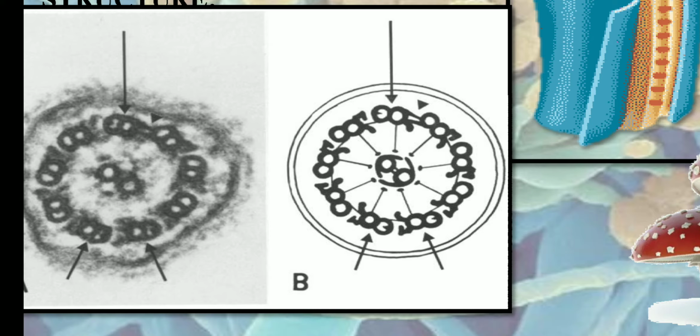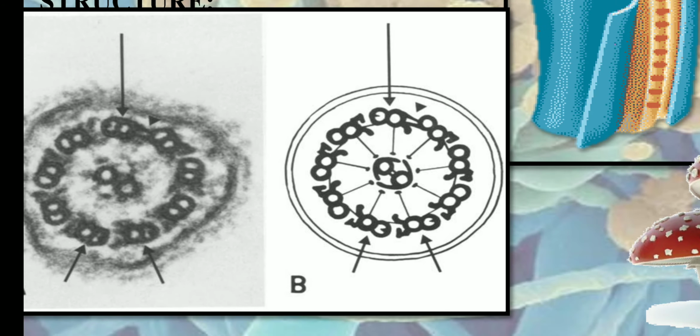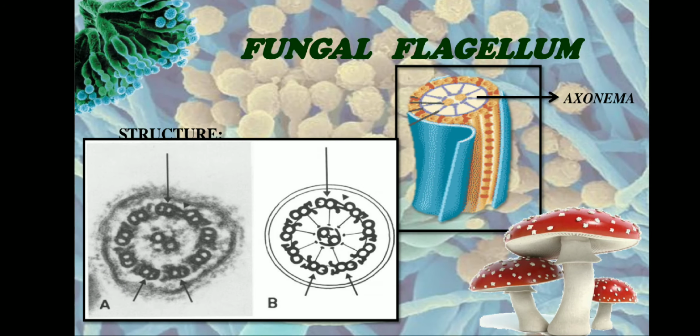The axoneme, or the flagellum, has a 9+2 arrangement of microtubules. Now these microtubules are surrounded by a cytoplasmic sheath. It has a double cytoplasmic sheath around it. So these microtubules are the ones which help in the movement of the reproductive cells.